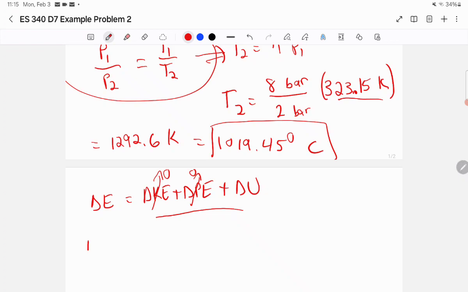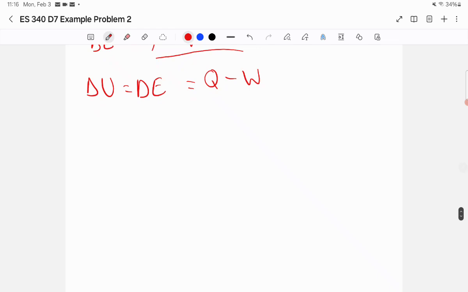So that means that delta U is equal to delta E. And also remember that for this problem, that's going to be equal to Q minus W. And what that means is that delta U is equal to Q, because W is 0.